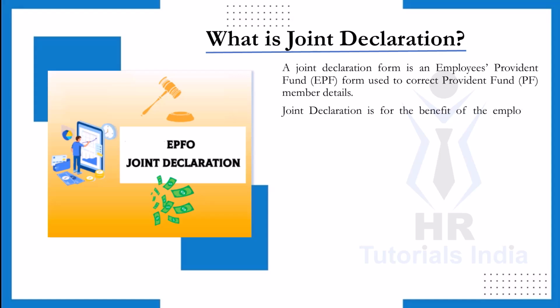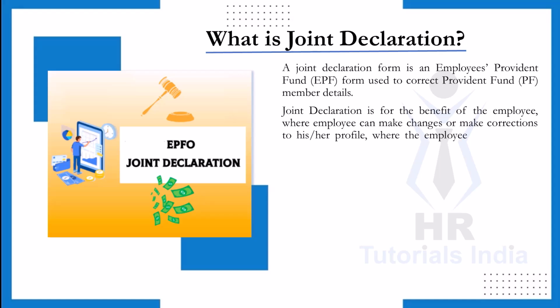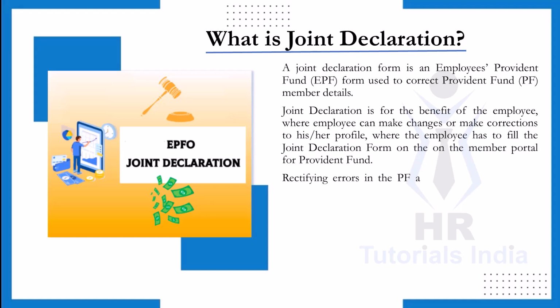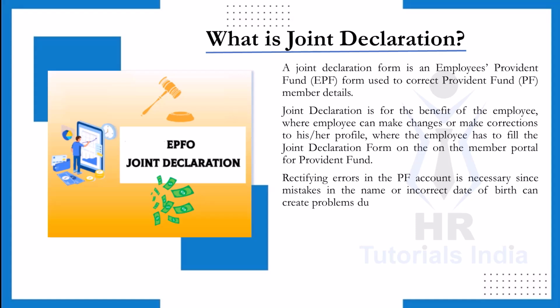Joint declaration is for the benefit of the employees, where an employee can make changes or corrections to his or her profile, where the employee has to fill the joint declaration form on the member portal for Provident Fund. Rectifying errors in the PF account is necessary, since mistakes in the name or incorrect date of birth can create problems during PF withdrawal.